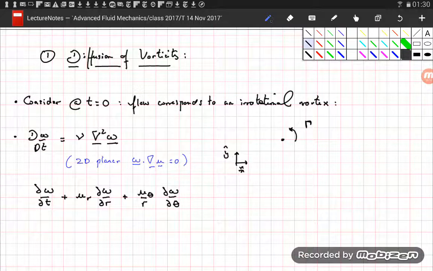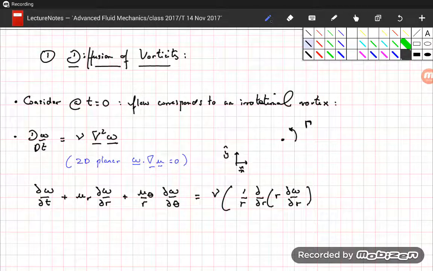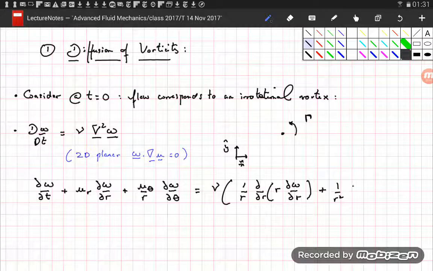This is the material derivative of omega, and it is equal to mu times 1 over r partial over partial r times r d omega dr, plus 1 over r squared second partial of omega with respect to theta.